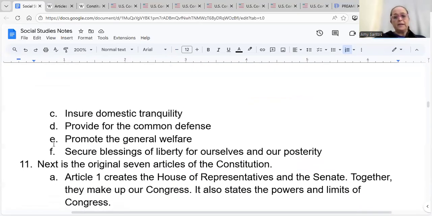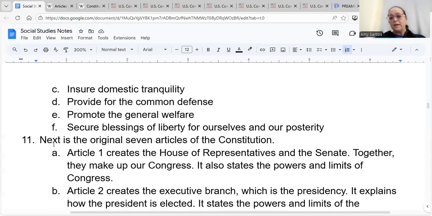Ensure domestic tranquility, that was the federal government deciding how trade could go between states. Provide for the common defense, they needed to be able to raise an army and raise money for an army. Promote the general welfare, not sure why that one's in there. And secure blessings of liberty for ourselves and our posterity. So those are the reasons that they made this Constitution.